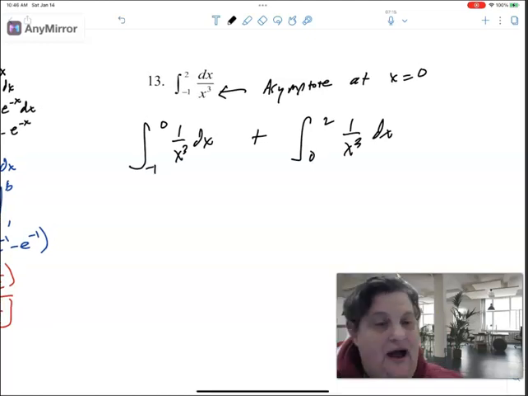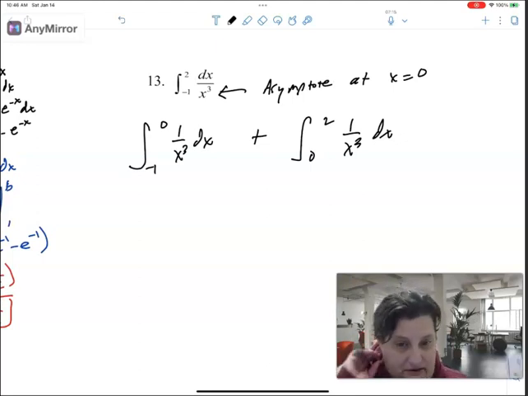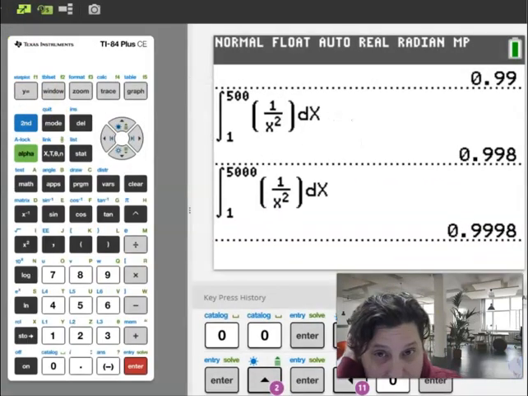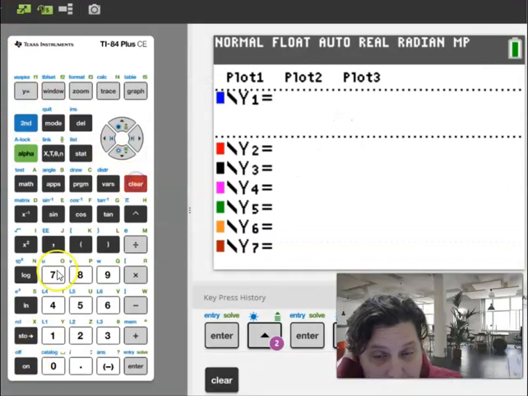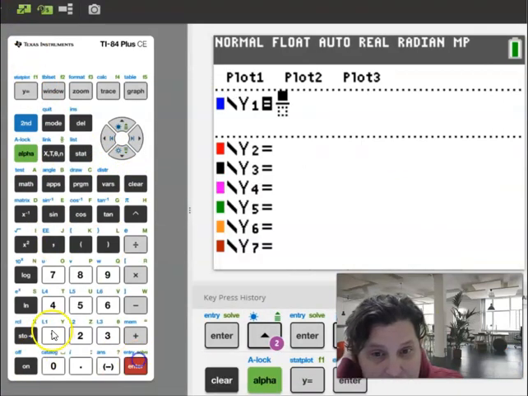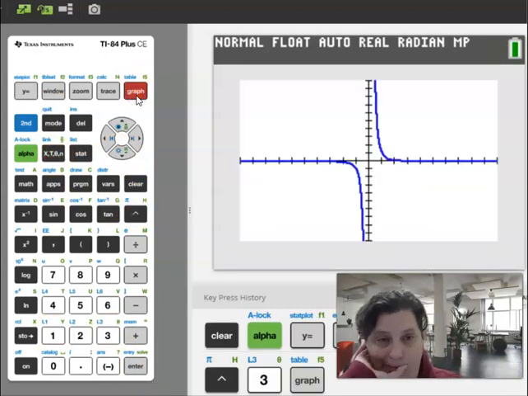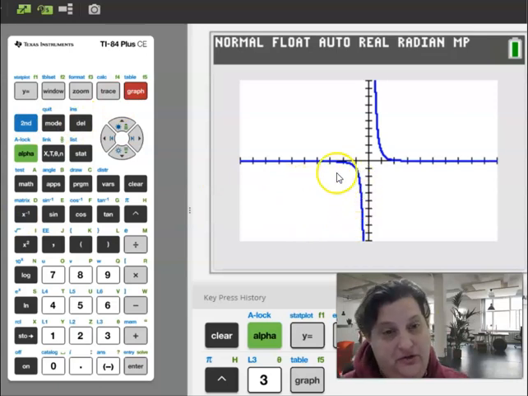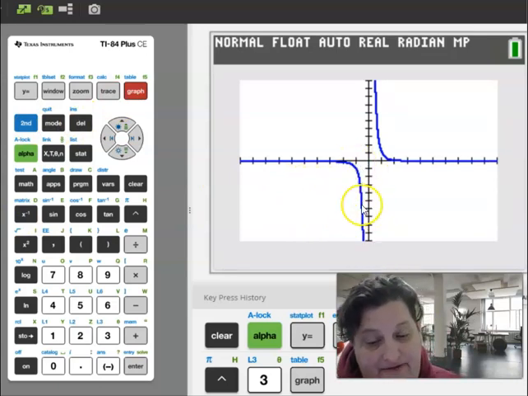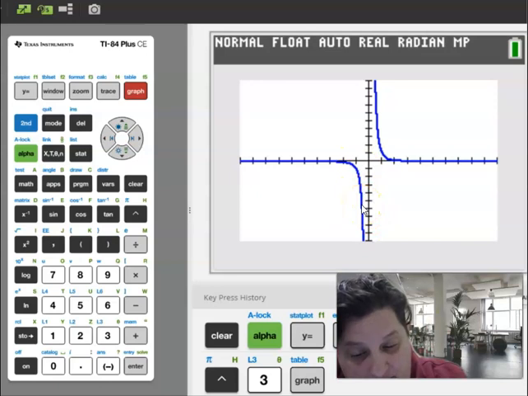Now, this graph, 1 over x to the third, let's take a look, just so you guys can see what we're looking at here. What we're going to do is take the left-hand limit. So basically we're going to approach 0 from the left.